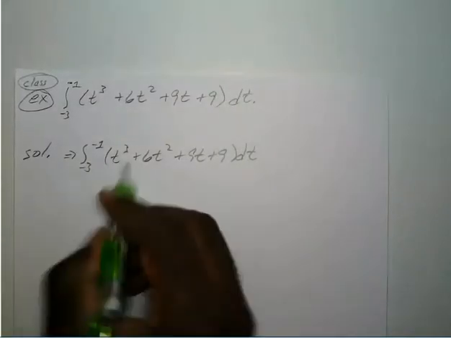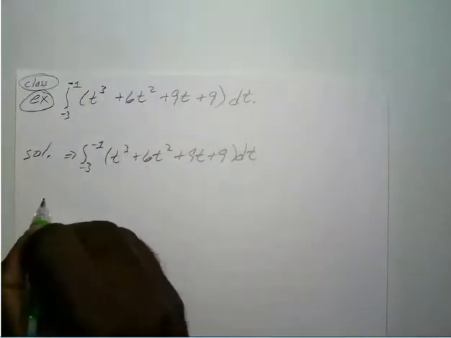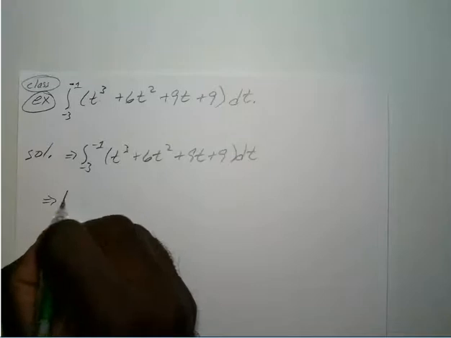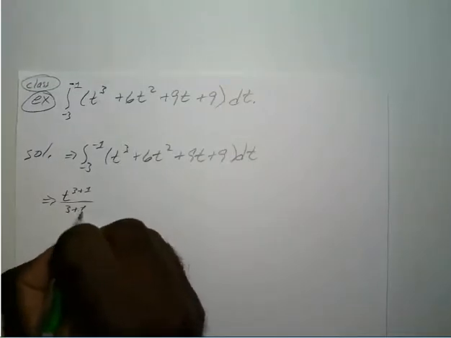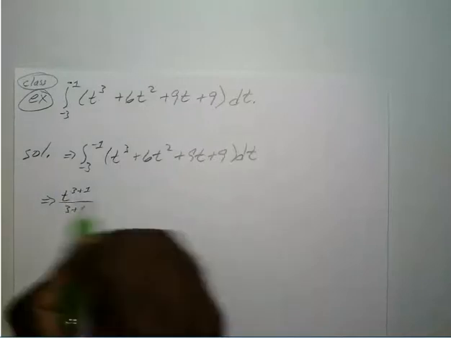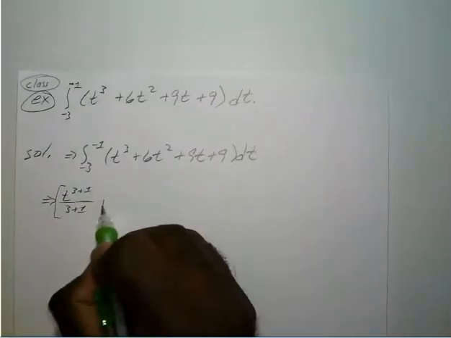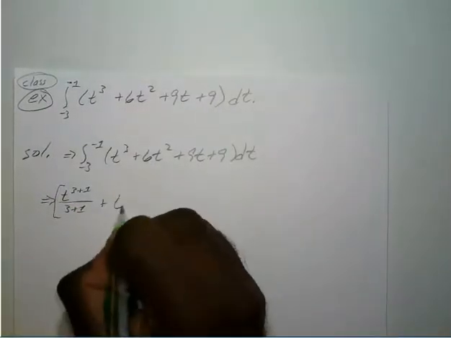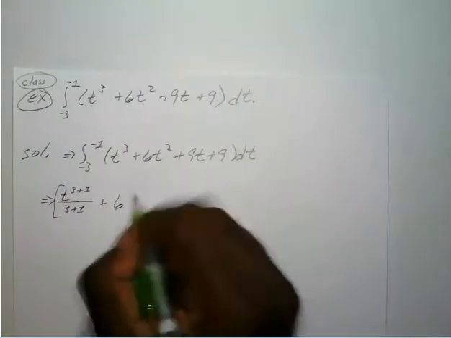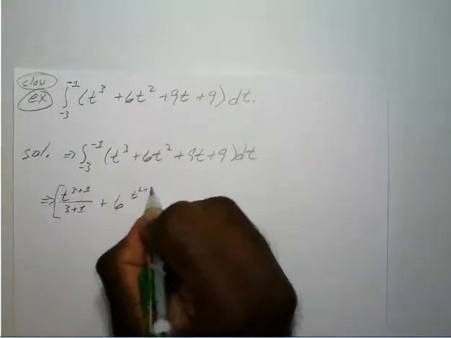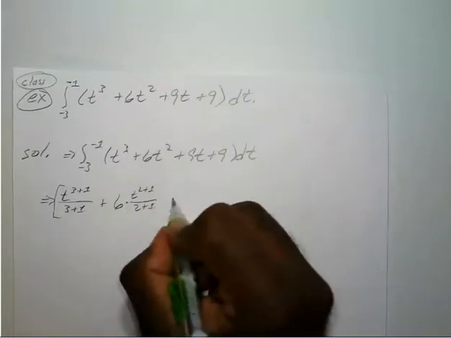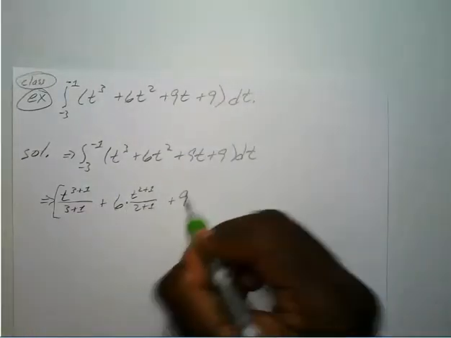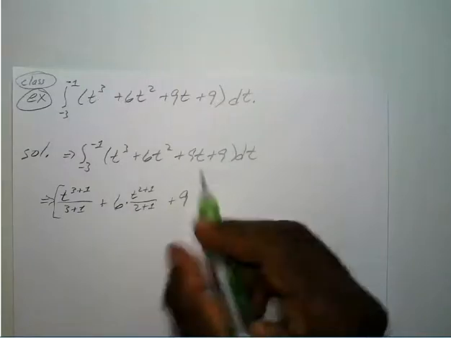Okay, so the integral of t to the third is just t to the 3 plus 1 over 3 plus 1, plus 6 times the integral of t squared, which is t to the 2 plus 1 over 2 plus 1, plus 9 times the integral of t.